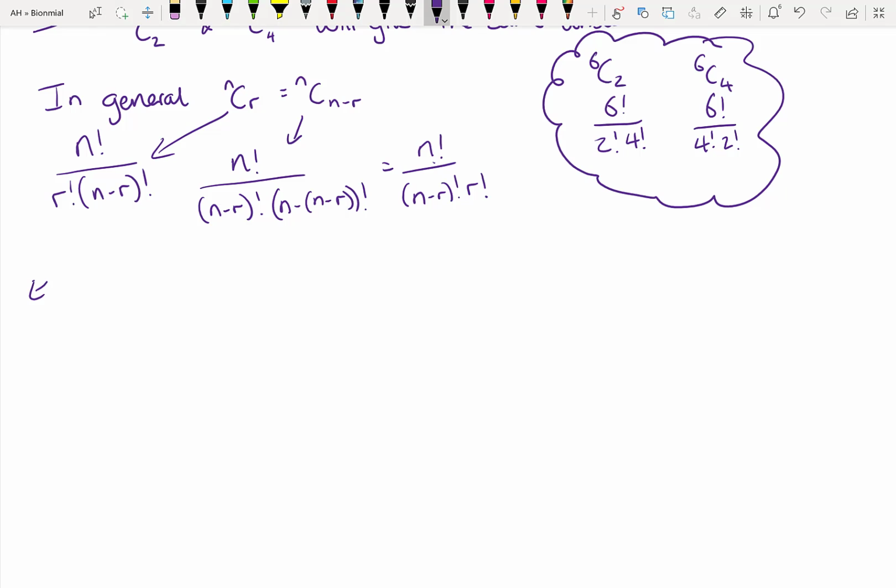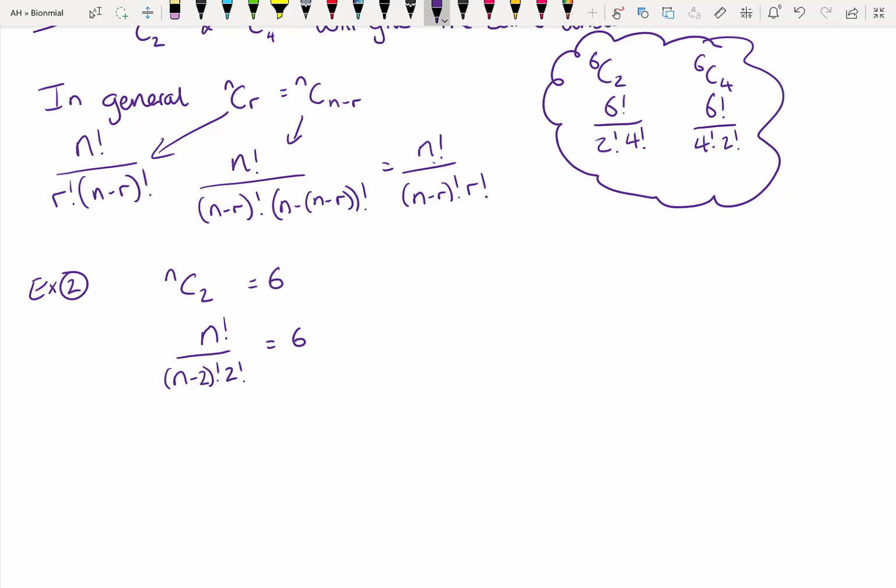We might ask you to solve it in a slightly different way. We might ask you something like n choose 2 equals 6. What I want to know here is how big my pool has to be so that when I'm choosing 2 things out of it, there are 6 options. So I'm thinking about my n choose 2, and what that actually means. I've got n factorial over n minus 2 factorial, 2 factorial equals 6.